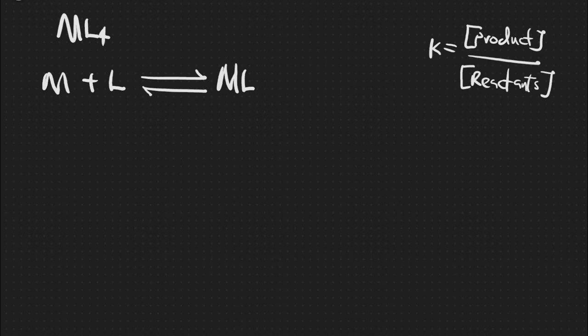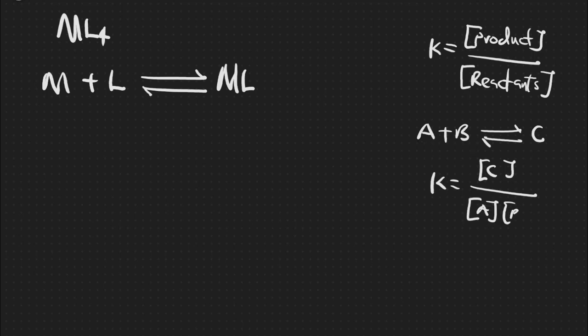For example, if you have a reaction A reacting with B to produce C, the equilibrium constant is going to be K equals the concentration of C, all over the concentration of A and the concentration of B. So this is the equilibrium constant for this reaction. We're going to use that to our advantage to solve our problem.